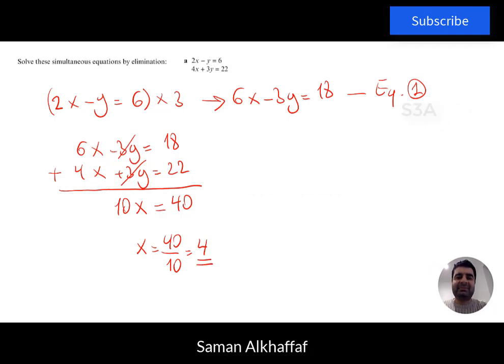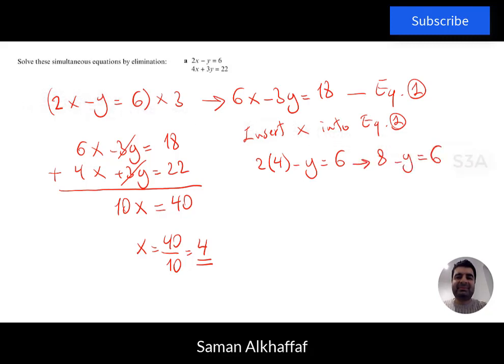Now we insert x into equation 1, so that would give us 2 multiplied by 4 minus y equal 6, so that will give us 8 minus y equal 6.